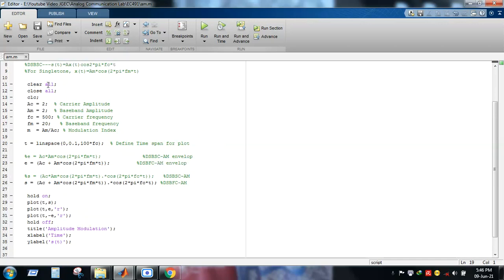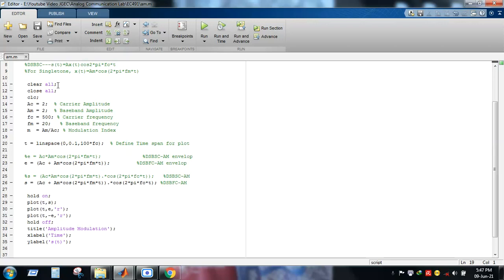Clear all means all the memory for the other variables will be cleared. Suppose you have run earlier a particular program where the value of x is like 200. If you run clear all, obviously that value will be cleared. So all the values, all the memory will be cleared.